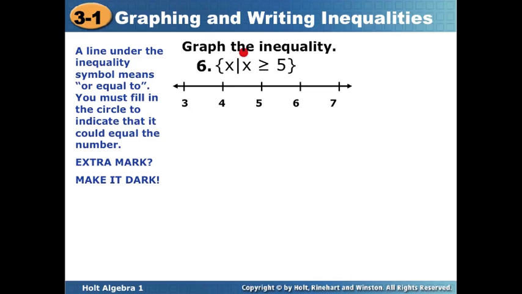So we're going to have a dark filled in circle on the 5, and we want to shade neatly the number line that would show numbers greater than 5. So that means we're going to shade towards the 6 and the 7. You should also shade your arrow. This graph shows greater than or equal to 5.